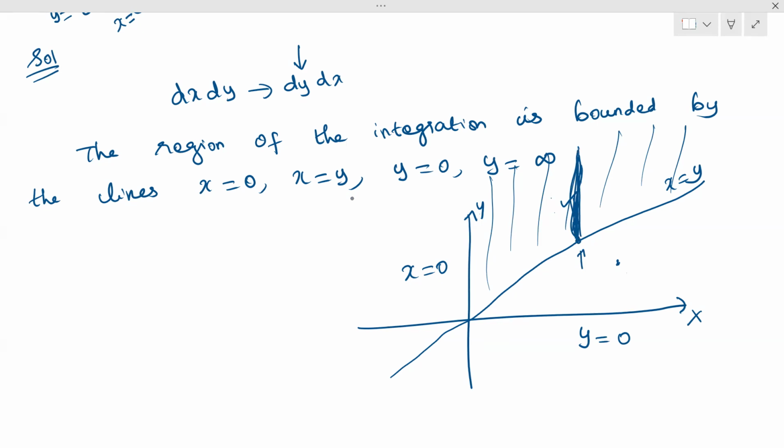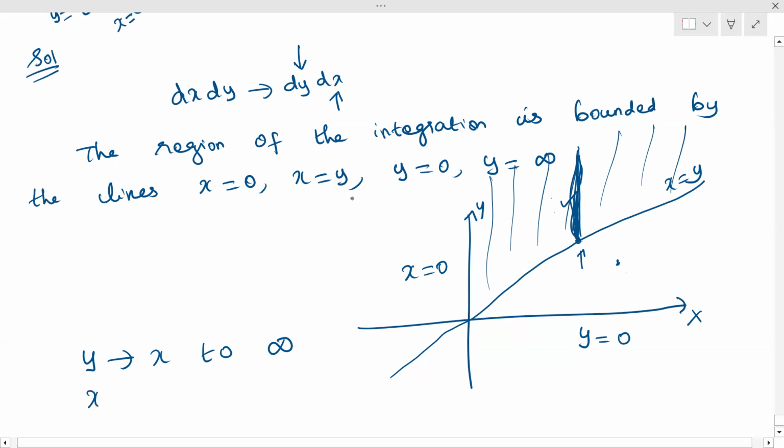Here y touches the line x equal to y, that is y is x. So y varies from x to infinity, because the region goes on to infinity. This is the inner integration limit.